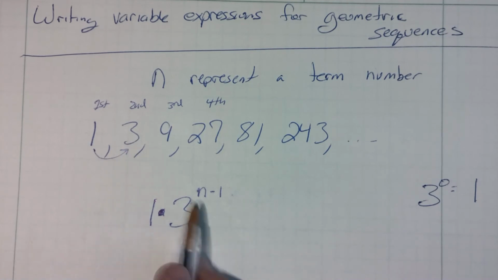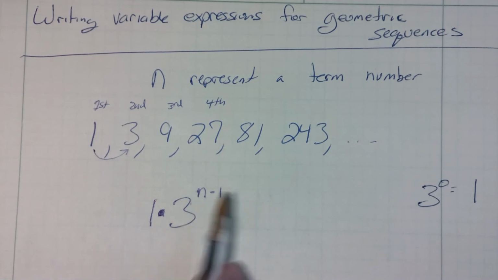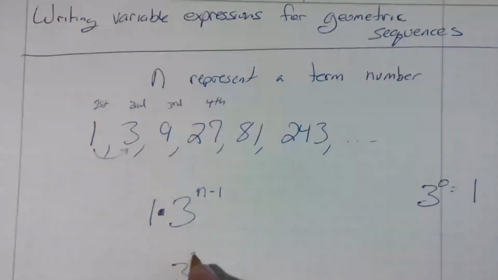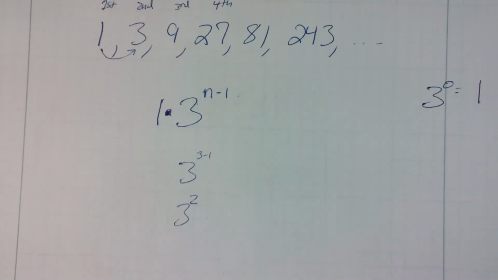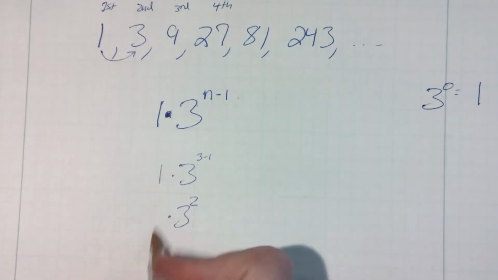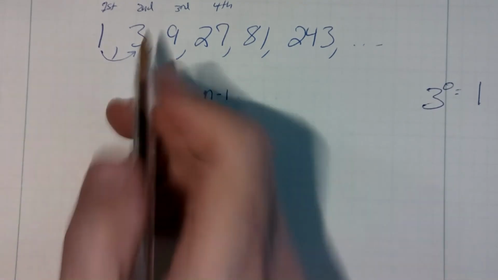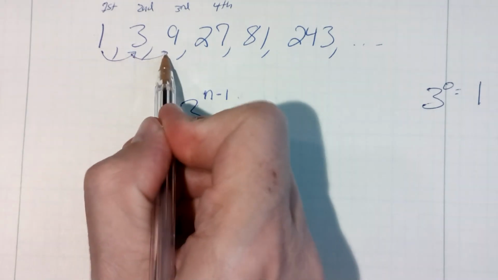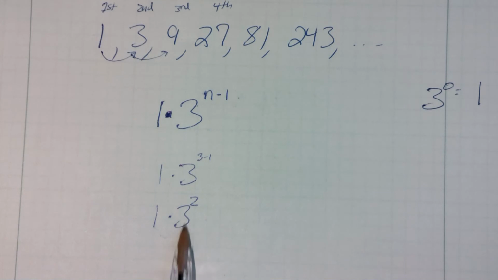If I want the third term and I plug a 3 here, then what's 3 minus 1? It's saying I'm going to raise 3 to the power 2, 3 squared, and multiply that by the leading coefficient of 1. That means I'm multiplying by how many 3's? 2. And how many 3's do I need to multiply by to go from the first term to the third term? 2 threes, which gives me 9.